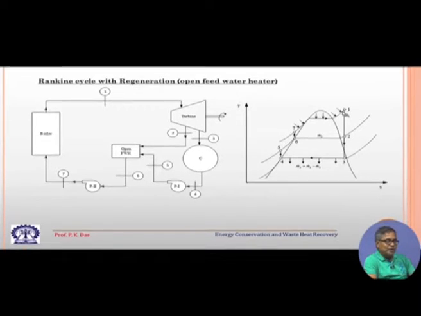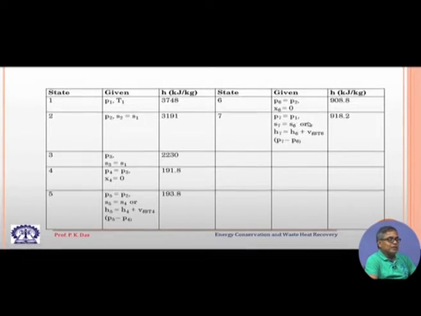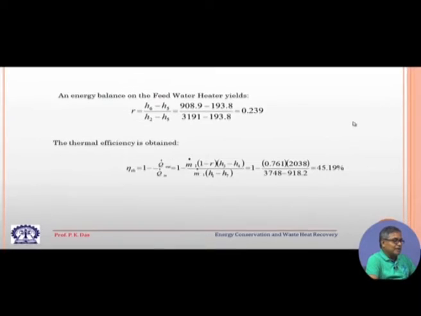So the amount of heat that will be given in the boiler is equal to H1 minus H7, which gives us the heat transferred to the working fluid in the boiler from the fuel. So P7 we have got, and the enthalpy we have got.